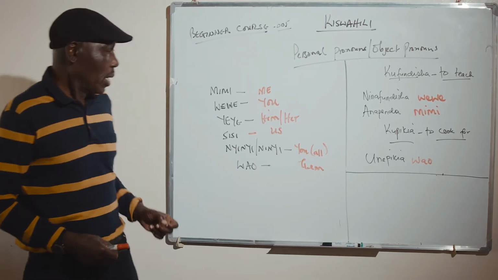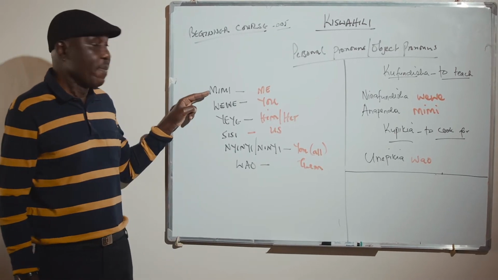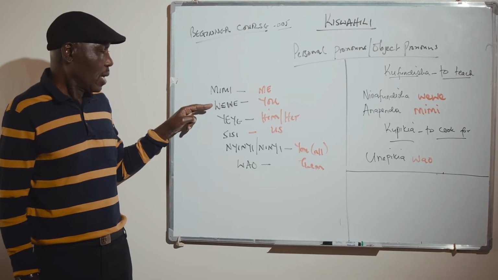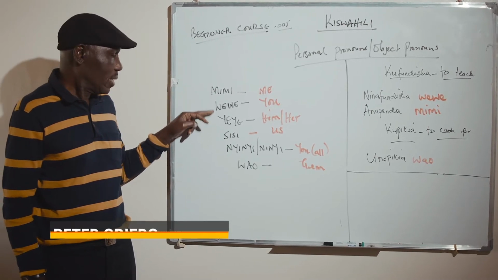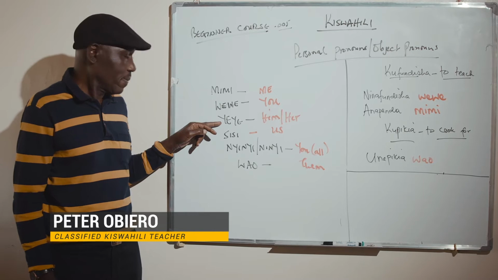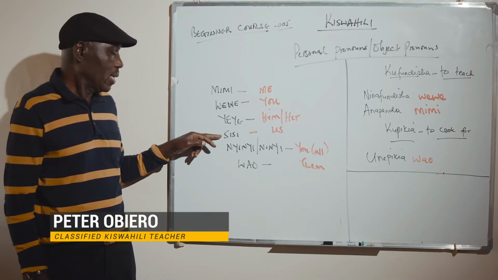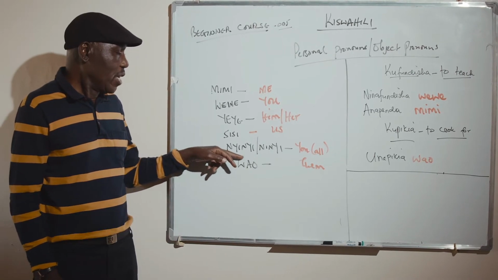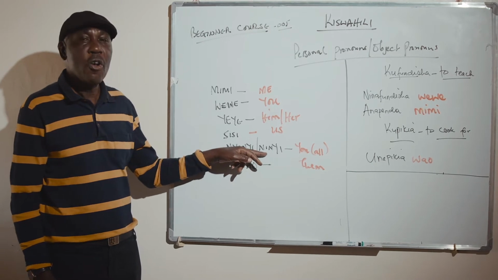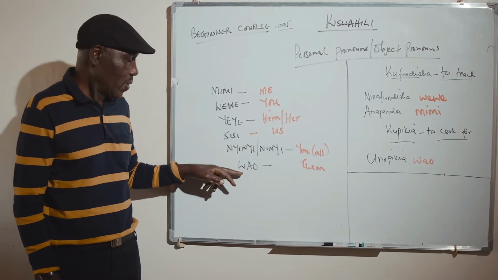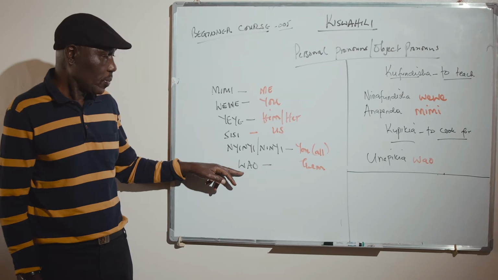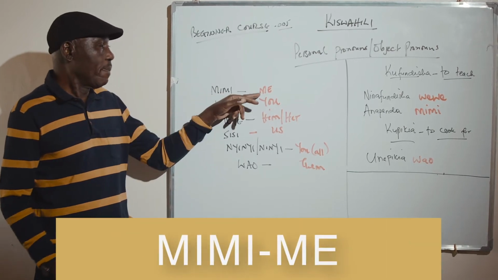Now once more, on the board you see I have mimi, wewe, yeye, sisi, nyinyi or ninyi. Then we have wao. Now, mimi is me.